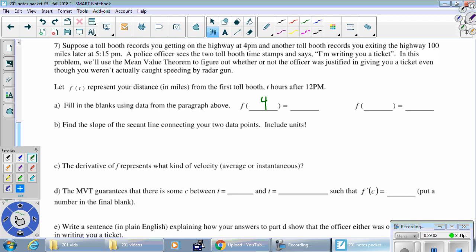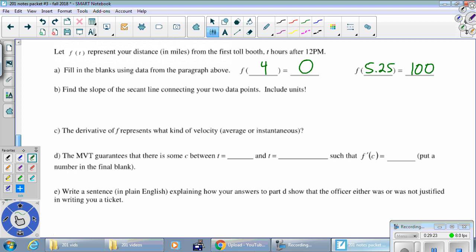And so what's our distance from that first toll booth when we're at the toll booth? 0 miles. And then at 5:15 p.m., so that would be 5.25 hours after noon, we are 100 miles from that first toll booth. Let's find the slope of the secant line connecting those two data points, and we'll go ahead and include units.